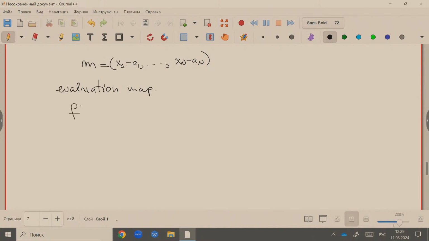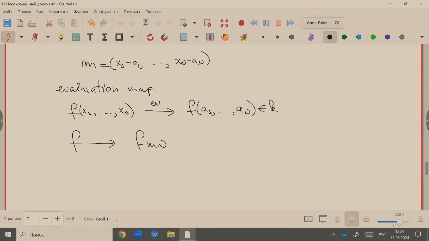You take a polynomial and you just substitute the coordinates. So you get a number, an element of the initial field. But you may think of it as follows: taking a polynomial f and taking it modulo m.